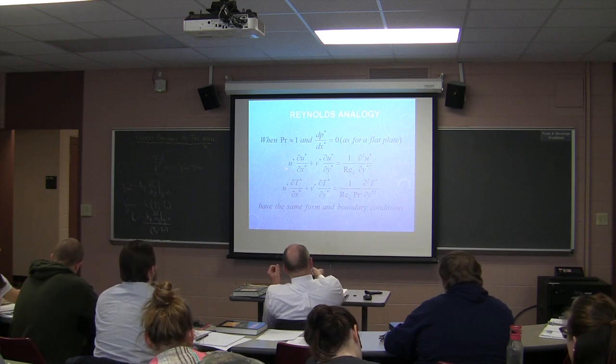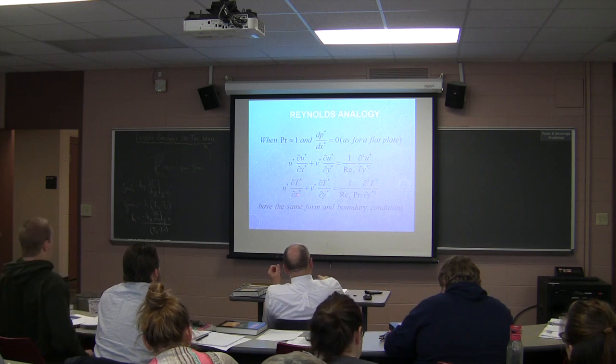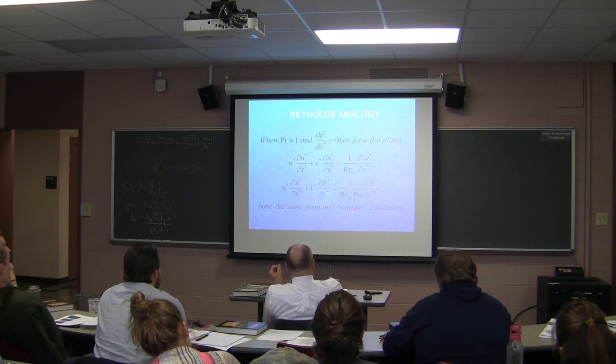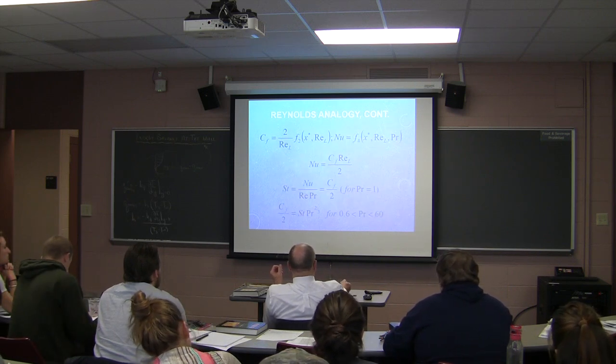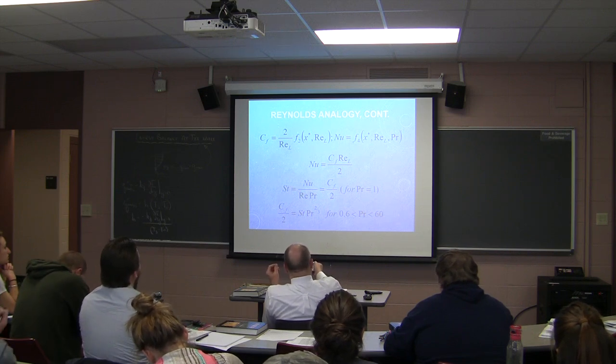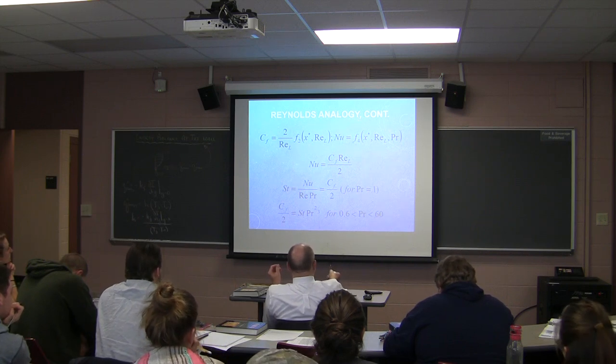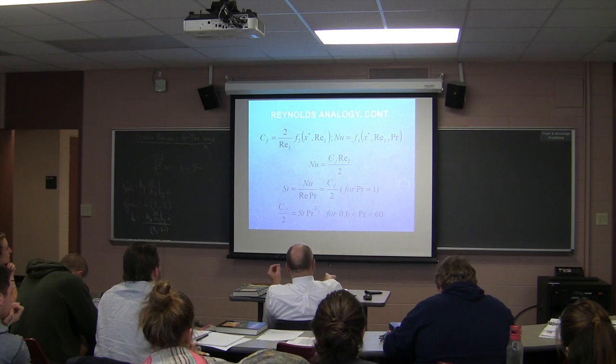Then you can write the momentum equation in this direction and the energy equation in this. They have the same form and boundary conditions because of their non-dimensionality. Therefore, you can relate the coefficient of friction and the Nusselt number in this fashion, and this is his result.